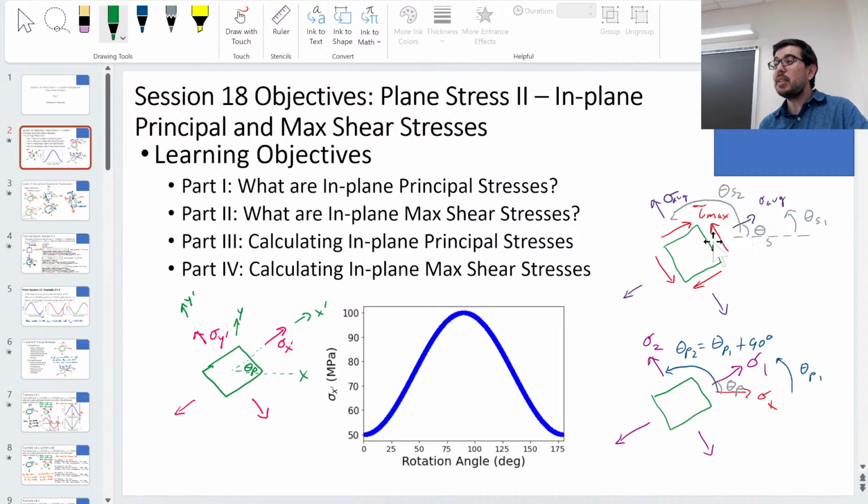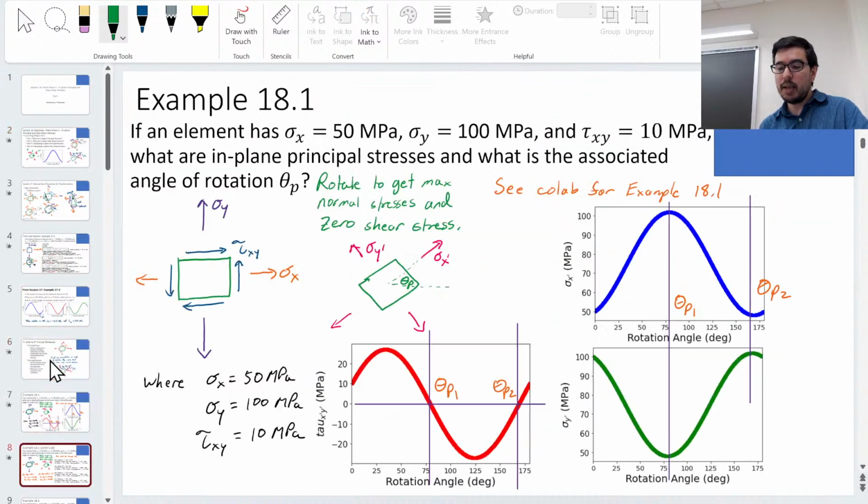In many cases that are not pure shear, what happens is you get a maximum shear stress, but there's still some normal stress. And that normal stress is going to average out. So your maximum shear stress is going to be something, and then you're going to have some other normal stresses, okay?